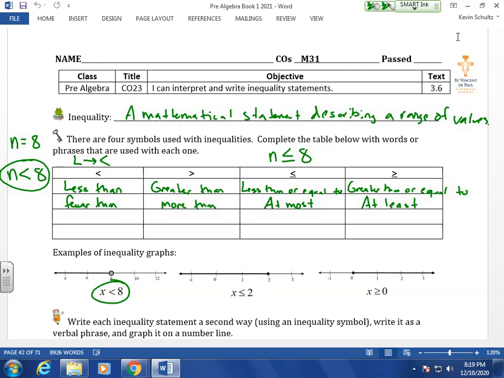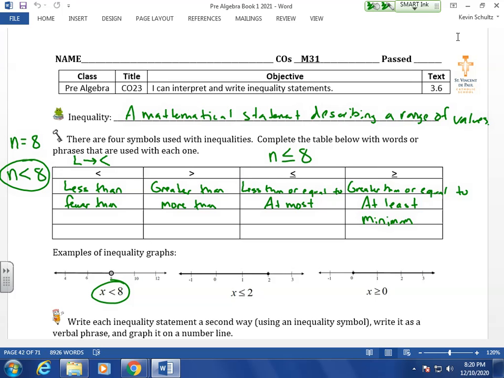Other ones: maximum and minimum. Again, you might think that minimum would be the less than or equal to, but if you need to be a minimum of 48 inches to go on the roller coaster, that means you need to be 48 inches or taller. 48 is the shortest you could be, the minimum height.